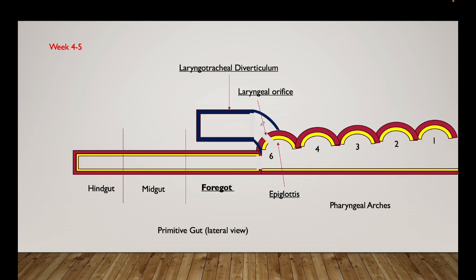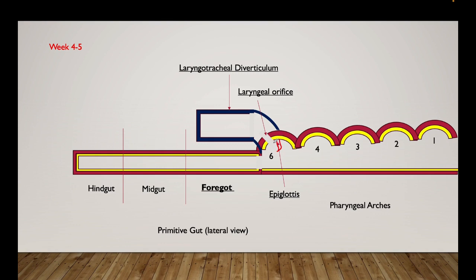As you see here, we have the laryngeal orifice and the epiglottis cranially or superiorly. What is the function of the epiglottis? It blocks the pathway towards the respiratory system during swallowing. So it makes sense that it is located here, right here.